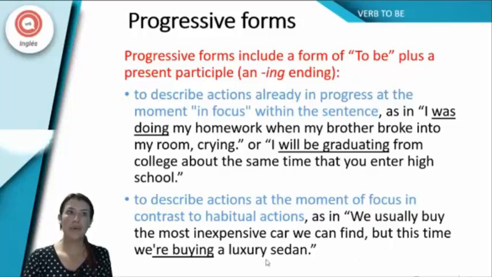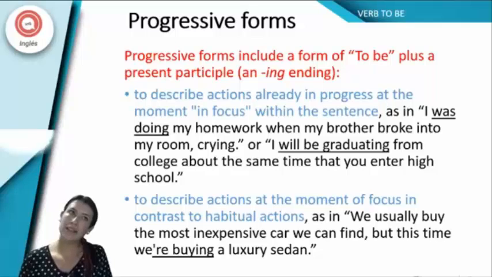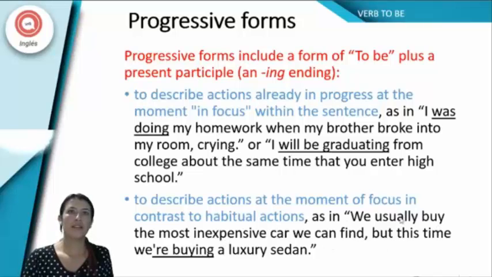But this time we're buying a luxury sedan. Entonces, ¿qué pasa? Que normalmente comprarían un carro barato, pero esta vez están comprando un carro más costoso, ¿ok? Entonces estamos comparando una situación actual con una pasada. Para poder hacer eso necesitamos usar el verbo ser o estar e incluir la ing para completar el verbo.